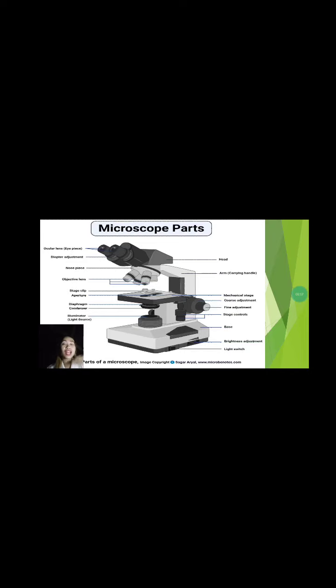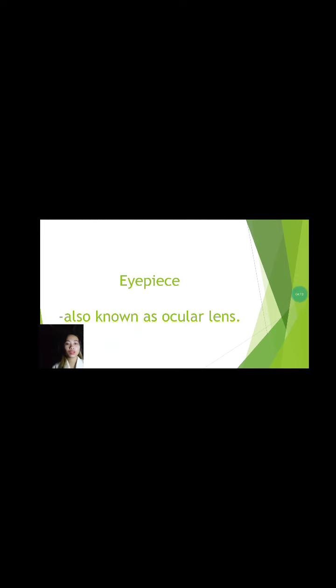So karon usa-usahon na to ang functions sa lahi-lahi nga mga parts sa microscope. First is the eyepiece. It is also known as ocular lens. The part of this, it is looked through at the top of the compound microscope.